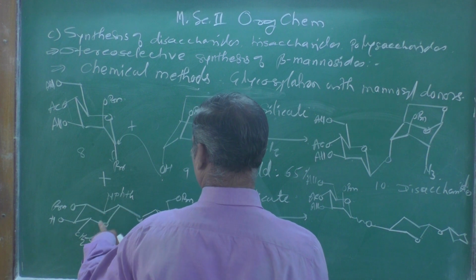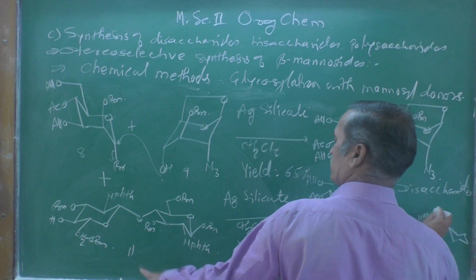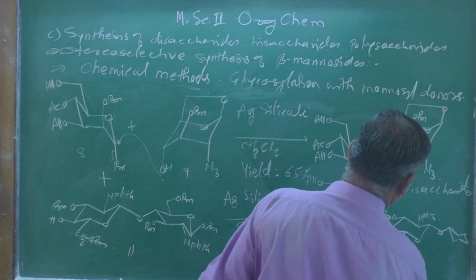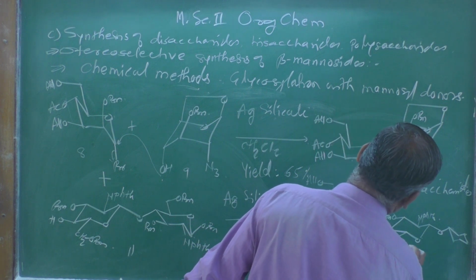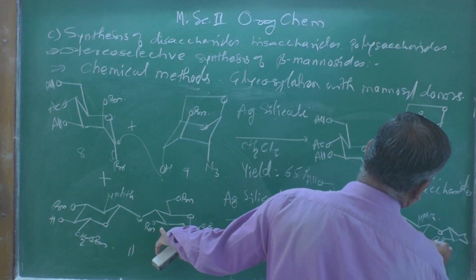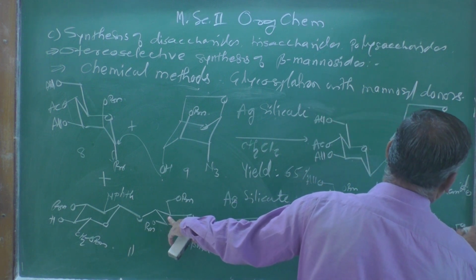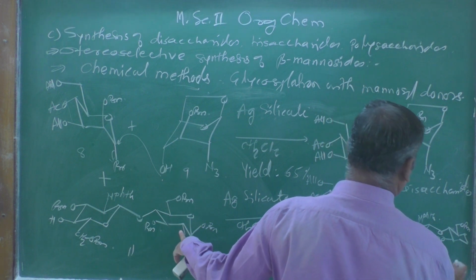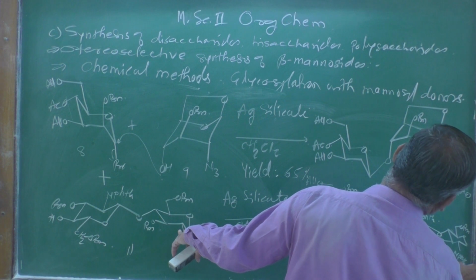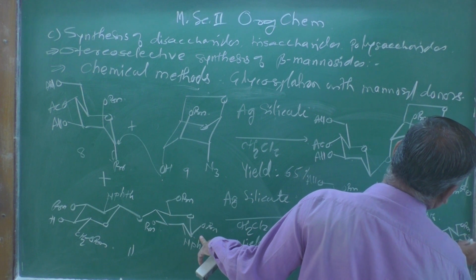Look at here once again, NPhth, here OBN, and here we can write CH2OBN, and at this position here OBN, here we can write this one OBN, then at this position must be NPhth, and here remember OBN.